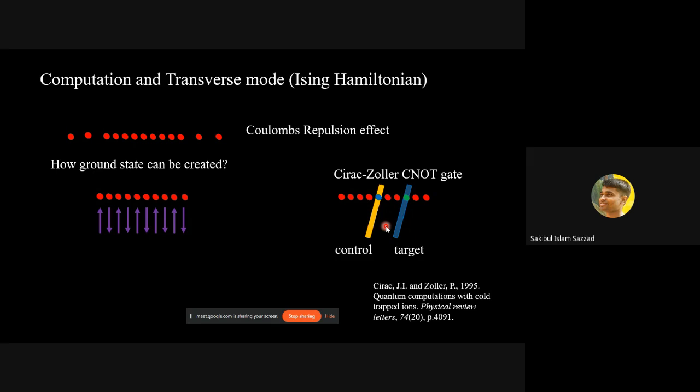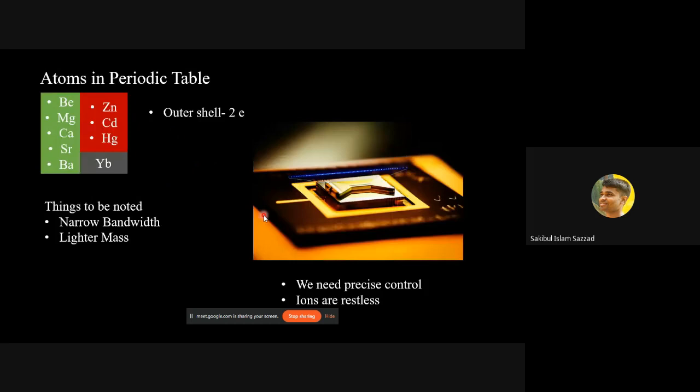Okay, let me ask another question. There are 32 electrons. Do you think 32 ions or 32 qubits, whatever you say actually, do you think all the ions are in the same energy level? Yes or no? Okay, saying no, they're not in the same.